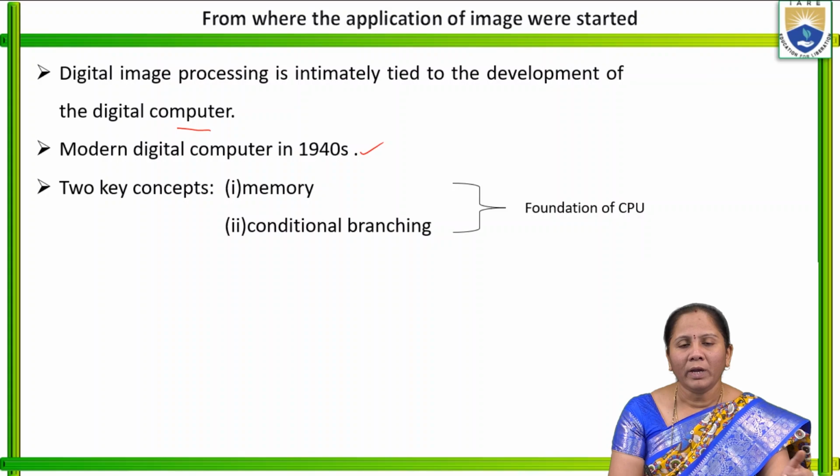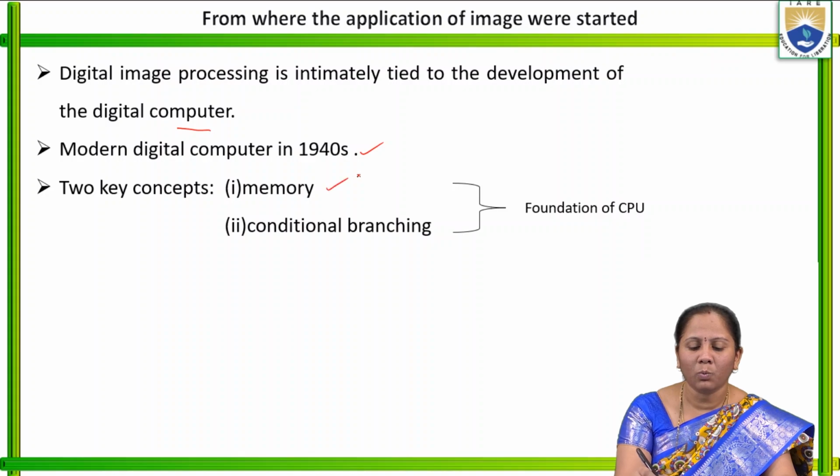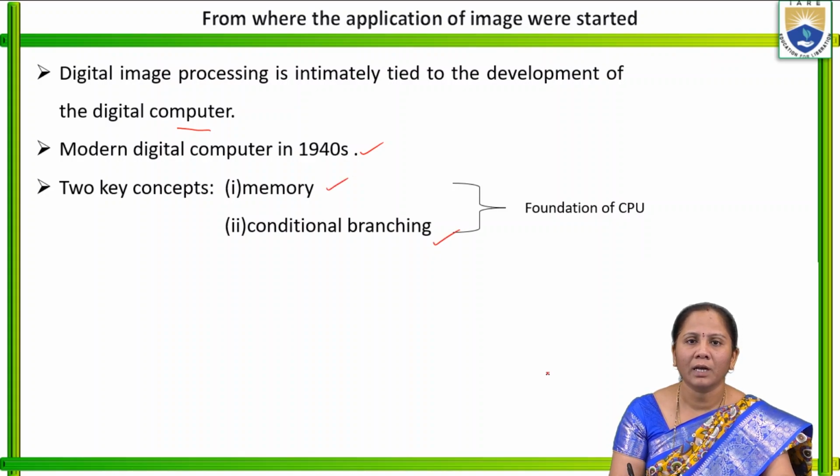Basically, while making digital resources like computers, 2 key concepts play a major role. The 2 key concepts are memory and conditional branching, which form a good foundation for the CPU, that is the central processing unit.